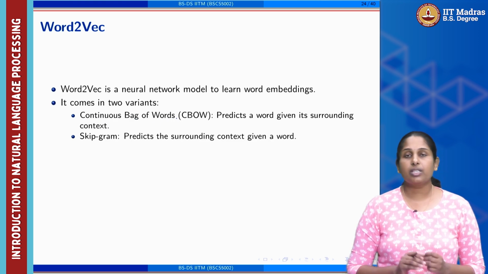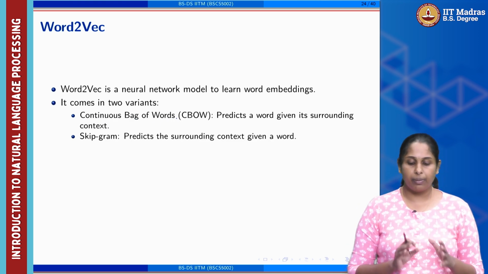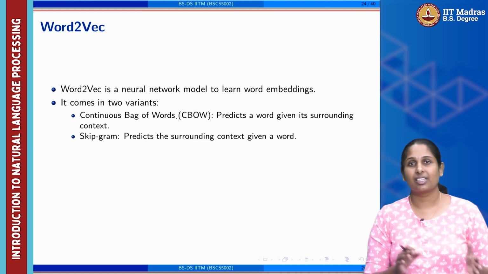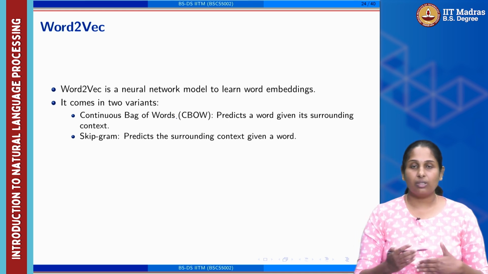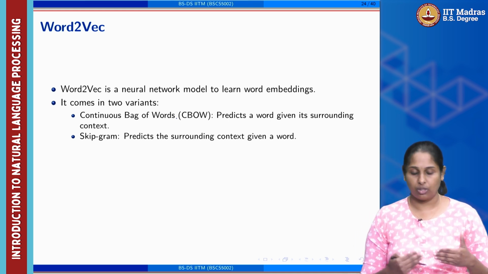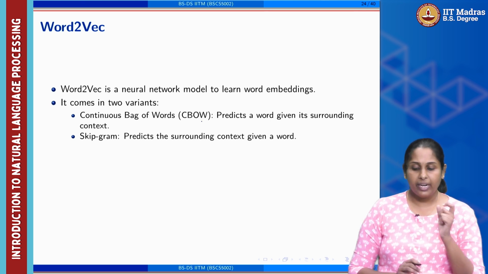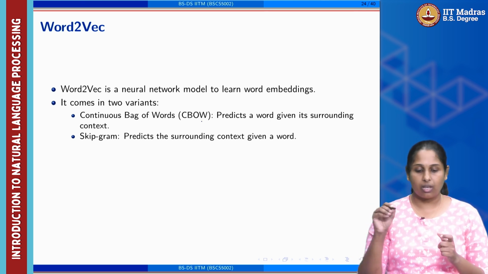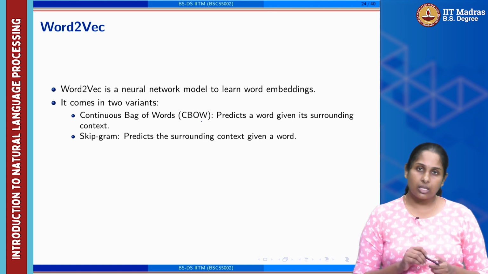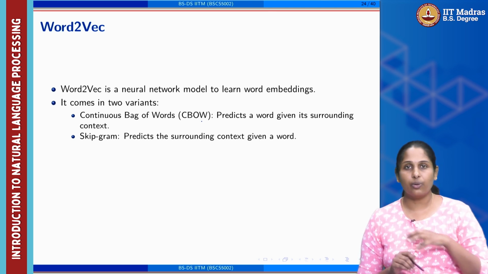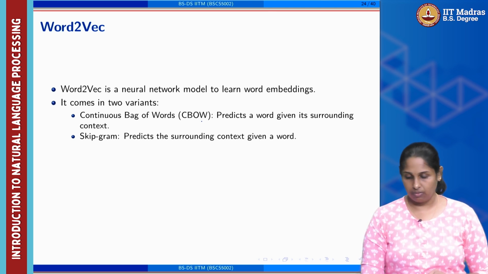And skipgram is another method in word2vec, which predicts the surrounding context given a word. So, they are 2 different things, opposite to each other: continuous bag of words predicts the word given the surrounding context, whereas skipgram predicts the surrounding context given a word.